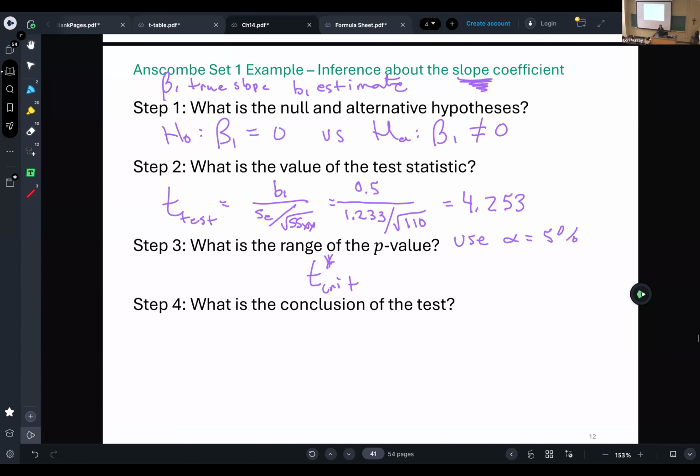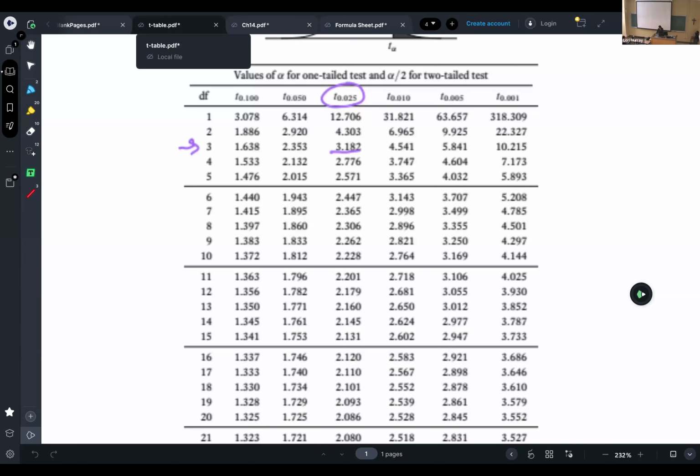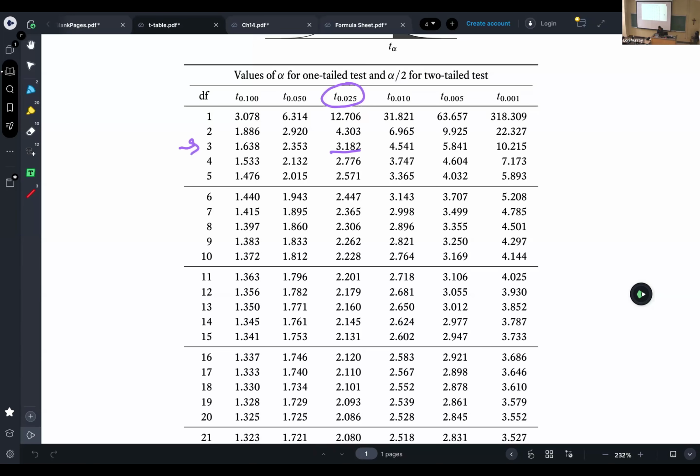Everyone agree? Yeah, it's 9. So the degrees of freedom for simple linear regression, we had 11 points, so that's going to be equal to 9. 9 degrees of freedom. So let's grab that critical value from the table. This row right here. And it's 2.262. 2.262.